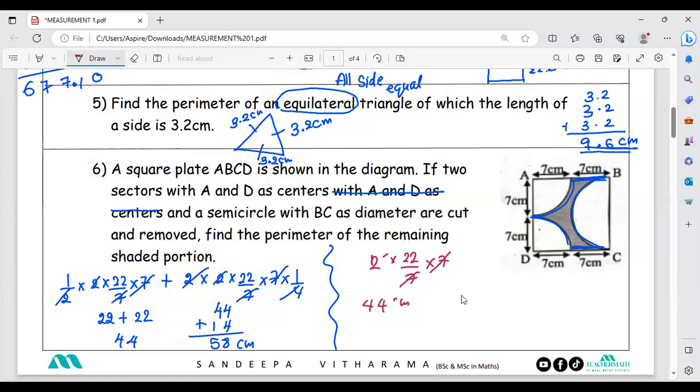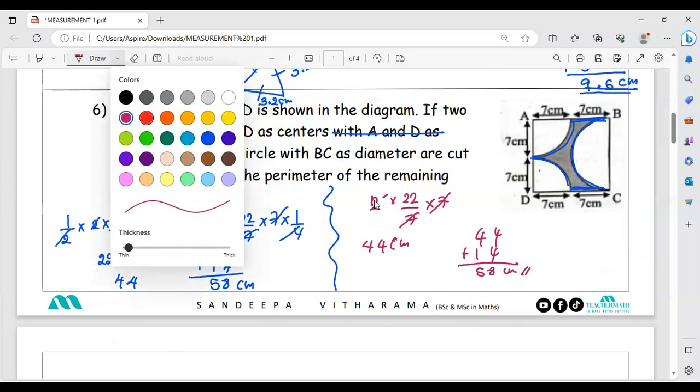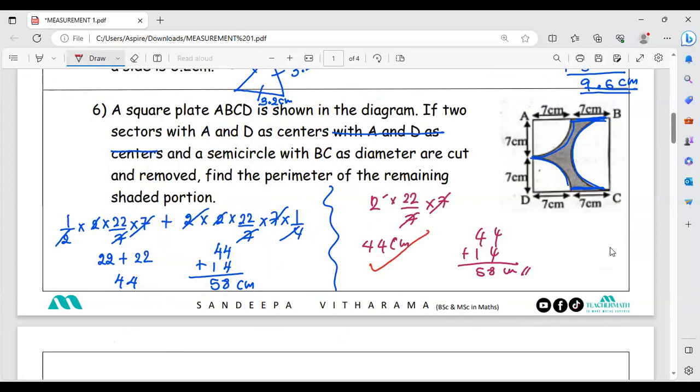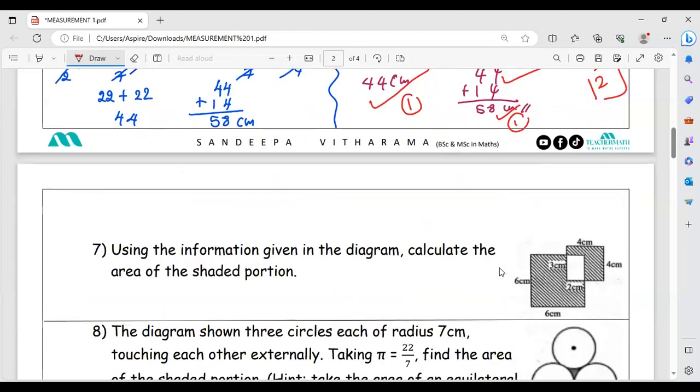Then for this one, you can add the 2 sevens, that means 14. 58 centimeters. Have you found the area of the shaded portion?